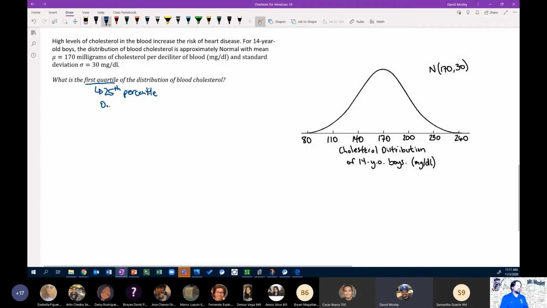We can see that as 0.25 as a decimal. The proportion to the left of the desired value.